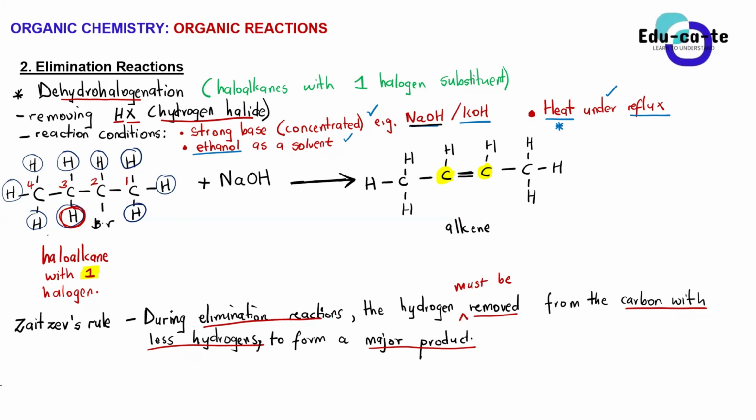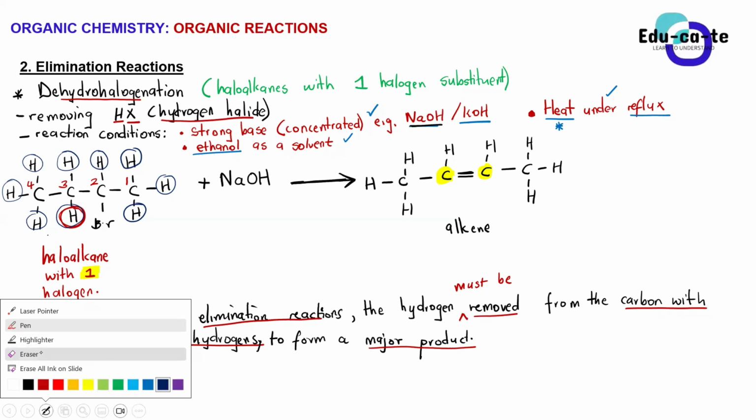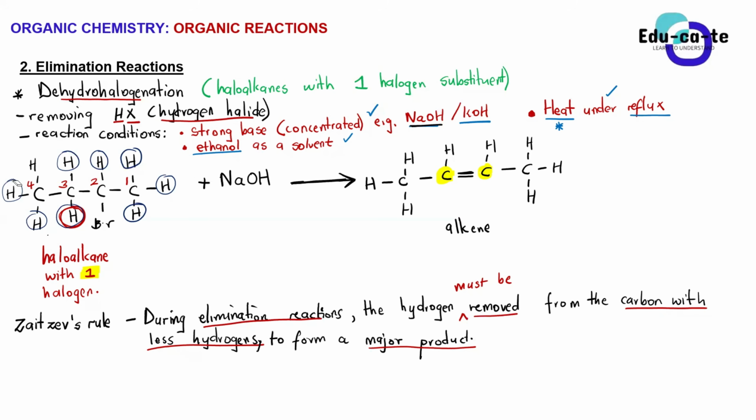So here, out of all these hydrogens, what did we choose to do? We chose to eliminate the hydrogen on carbon 3, because before we went to the break, I said that we are going to remove our halogen, which is Br. So we removed our halogen here, which is Br. And we also removed a hydrogen. Where did we remove the hydrogen? We removed the hydrogen from carbon number 3.